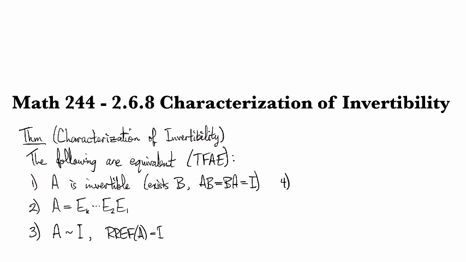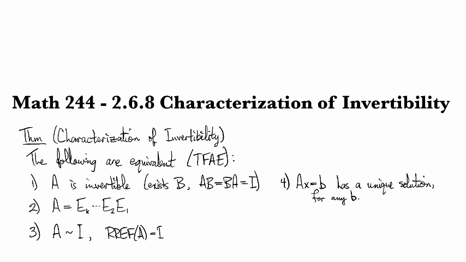We also have that AX equals B has a unique solution for any B. Okay, so it can always be solved.